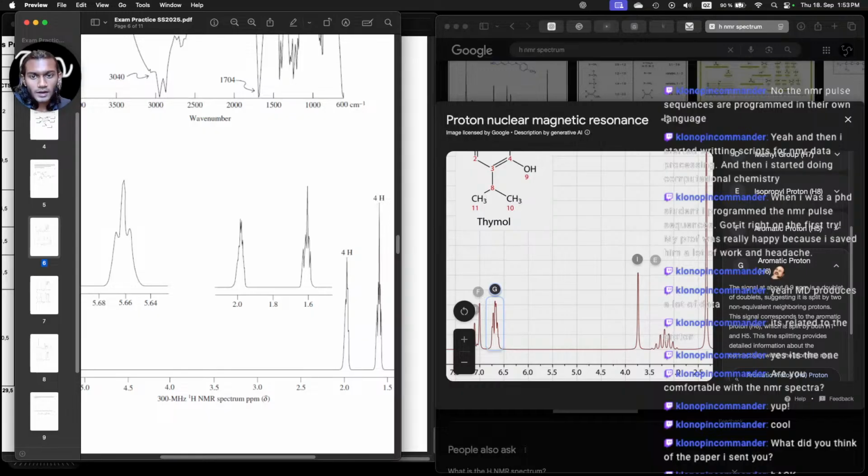Then I started writing scripts for NMR data processing, and then I started doing computational chemistry. No, the NMR pulse sequences are programmed in their own language. Oh, what is this language? Interesting. I thought most of the data stuff was done in Python.